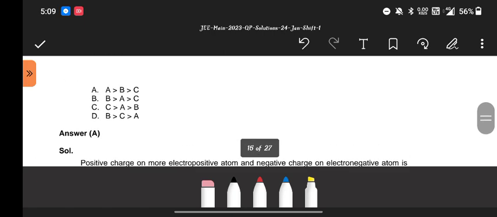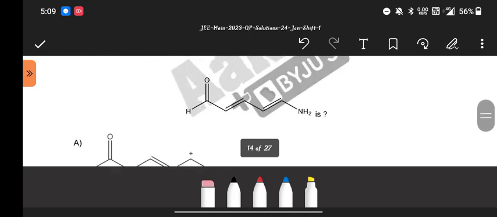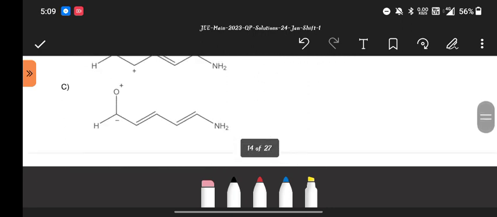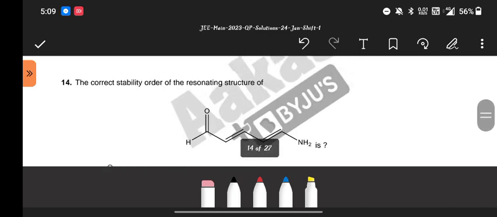So therefore the option is A is greater than B is greater than C. So these are the correct stability order of the resonating structures of the equation they have given.